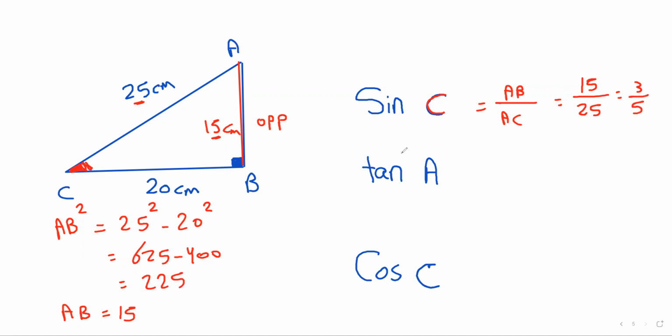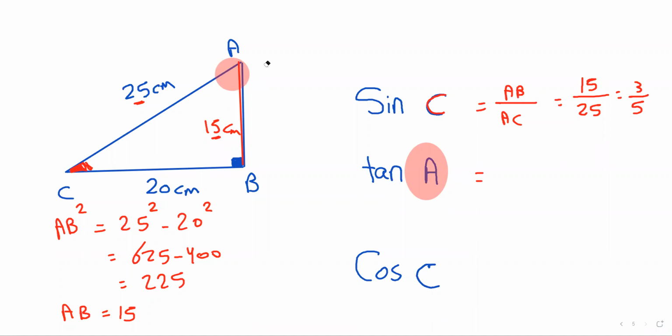I want to get tan A. So determine the angle first. We are talking about angle A. Look at angle A. We are talking about this angle. So in this case, what's the meaning of tan? The opposite over adjacent. What is the opposite to A?